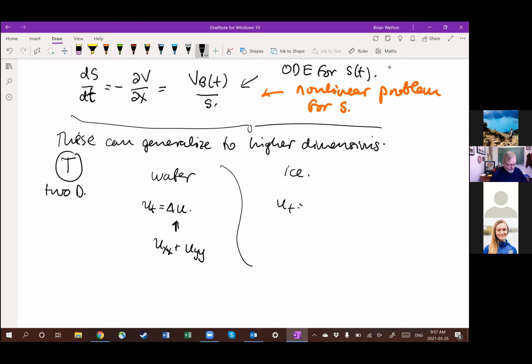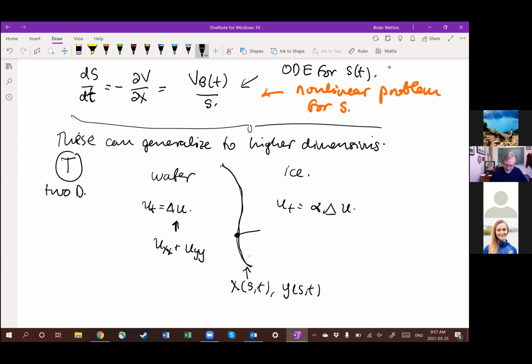I'm going to have the heat equation with the scaled thermal conductivity over here. I'm going to have an interface which has some sort of parameter on it.